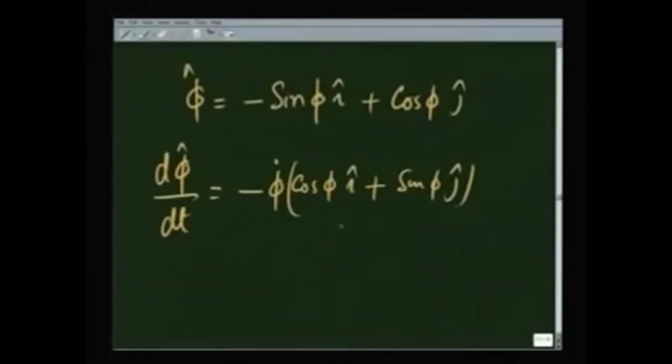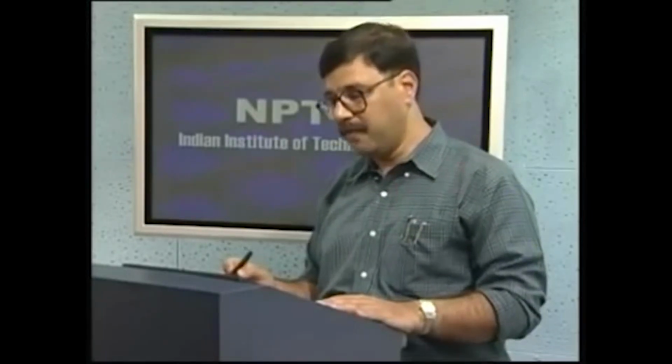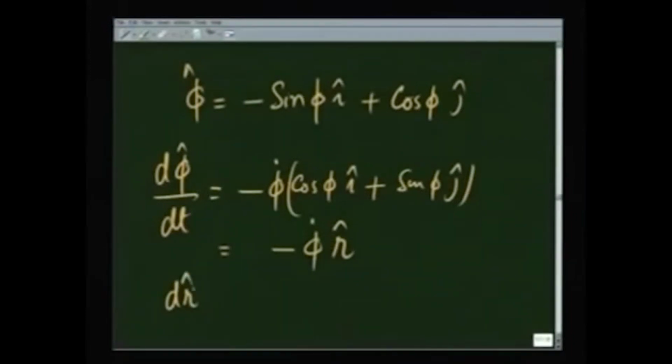I left the steps in between because I have already worked them out, and this is minus phi dot r unit vector, which gives the same answer as the geometrical argument. So, now we have both dr/dt and d phi/dt. dr/dt, you recall, was equal to phi dot in phi direction, and therefore, I can write an expression for the acceleration in planar polar coordinates.